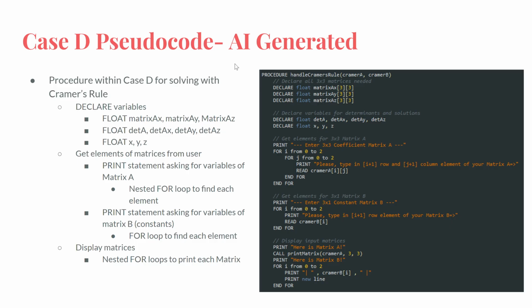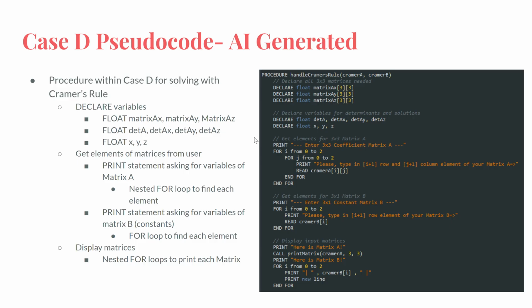For the AI-generated pseudocode, it began by declaring all the 3x3 matrices needed, so matrix AX, AY, and AZ in this case, all floats. It also declared the variables that will be needed for the determinants and the solutions over here.